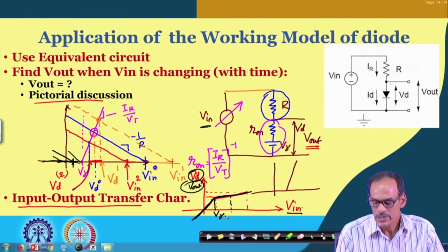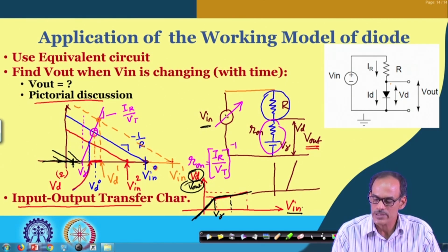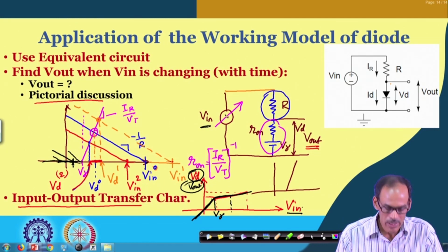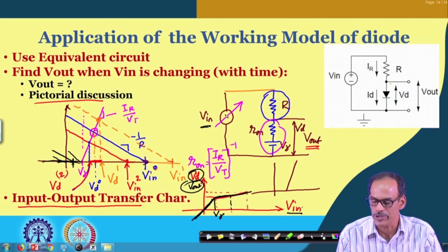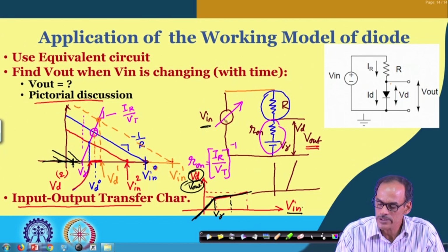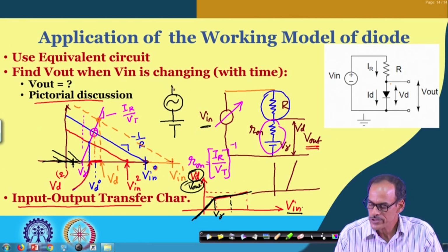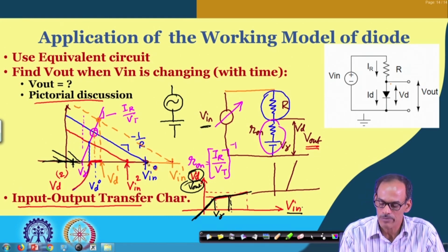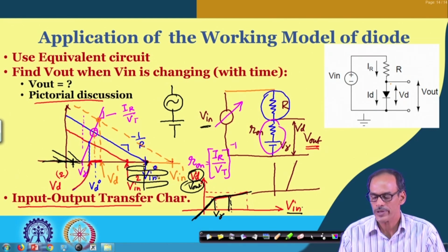Now, having said that, if this voltage is changing with time, we may have different ways of changing this voltage. So, you may say that this voltage may have a DC value and then it may have the variable part. Which means that we may keep the DC voltage maybe somewhere here, and then we may vary this input with respect to that, either in sinusoidal form or triangular form or whatever it is.